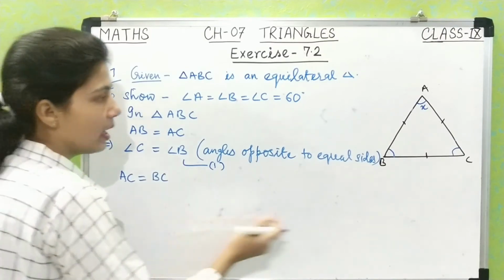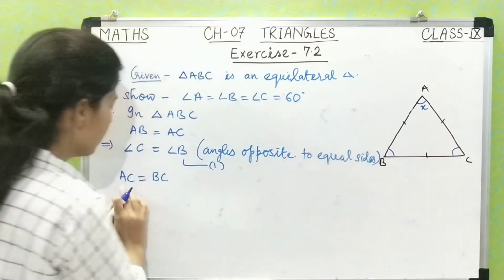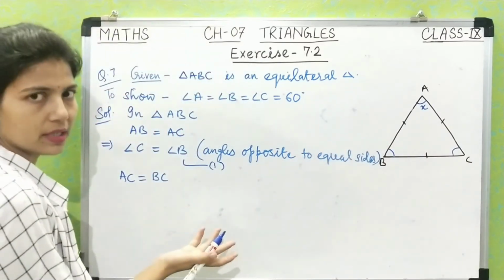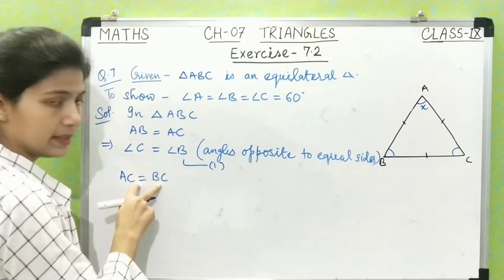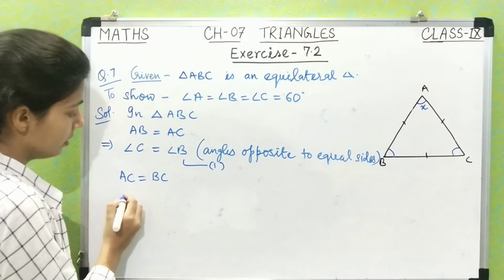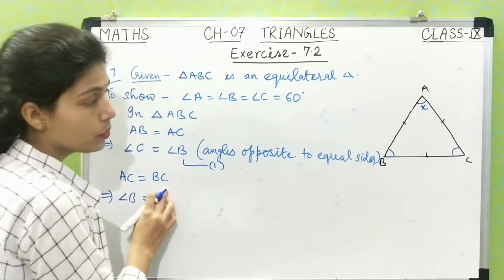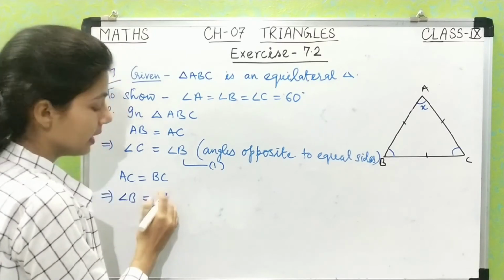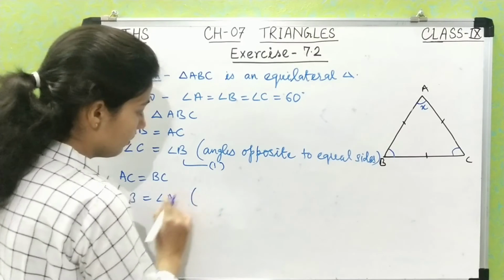अब देखिए, अब हमने दूसरा पेयर साइड्स का लिया है, AC और BC की बात कर रहे हैं. So AC equals BC because all the three sides are equal. So at a time we can take two sides. Now the angle opposite to side AC is angle B and angle opposite to side BC is angle A. Will be equal.